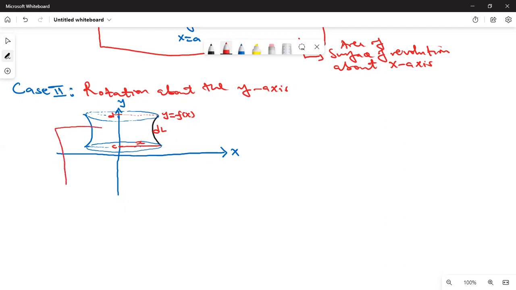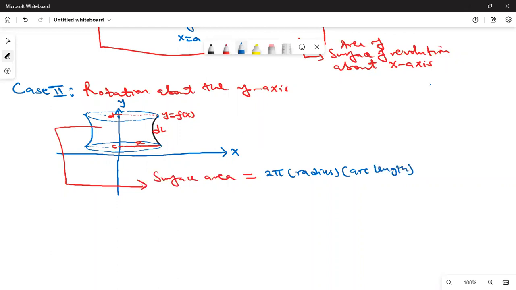So the surface area is equal to, remember the cylinder is 2 pi r h, 2 pi times radius times height, which is the same as arc length.